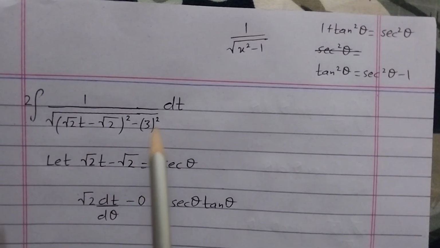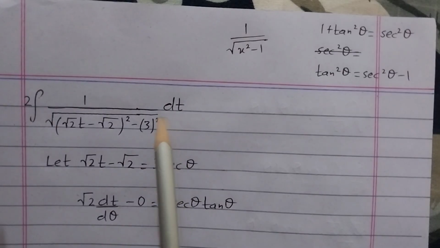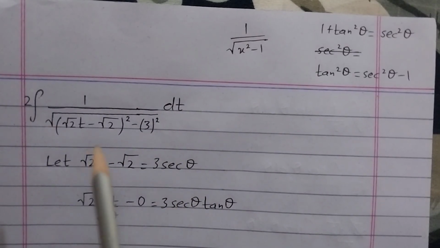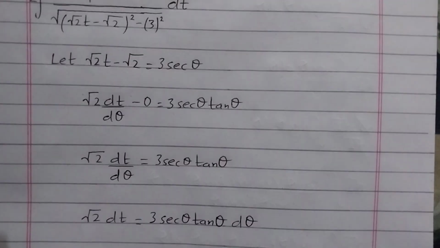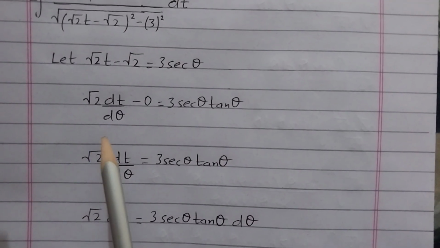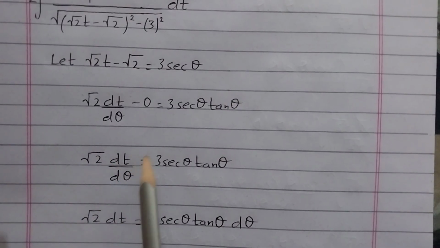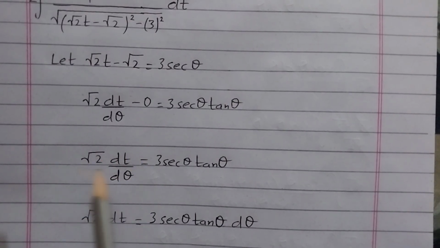We are trying to evaluate the value of dt here because we need the value of dt in terms of theta to evaluate this integral. So we want this dt term separate. So square root 2 dt over d theta, 0 has no value, so equal to 3 secant theta tan theta, and we want dt, so we need to move this square root 2 to the other side.